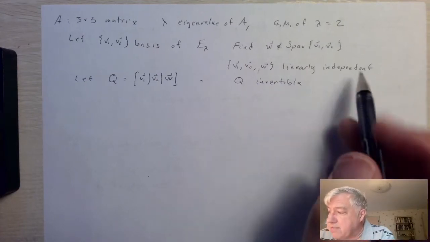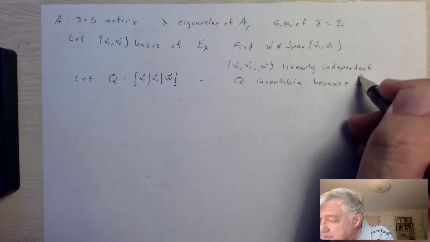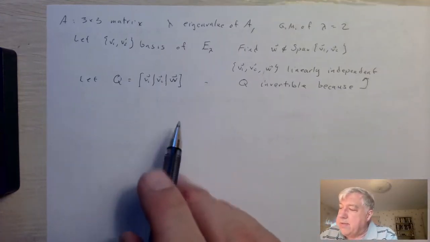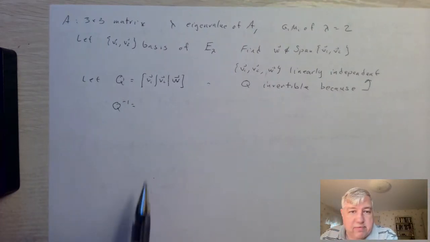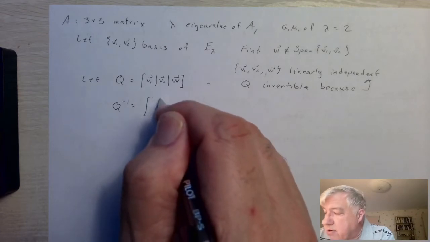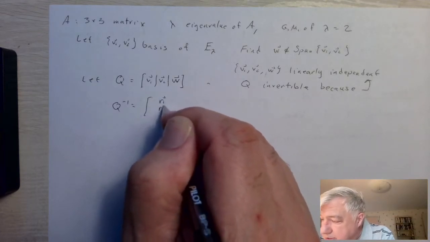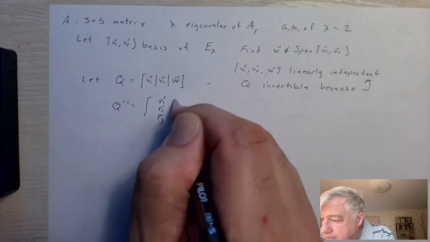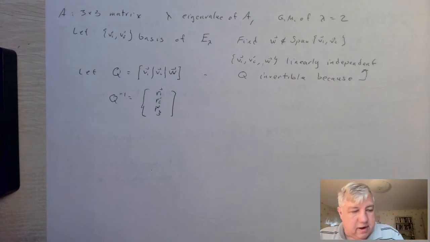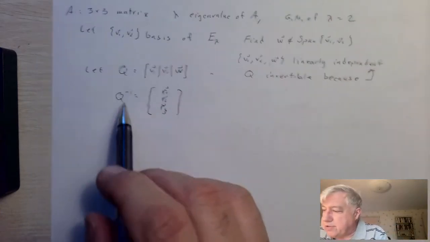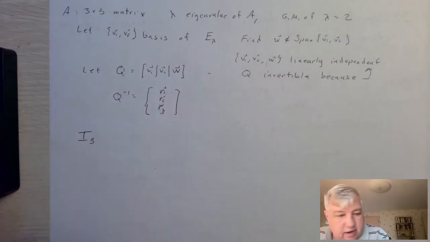And so Q inverse, we're just going to give Q inverse by its rows. Let's say the rows of Q inverse are R1, R2, and R3. Now, because these are inverses of each other, their product will be the identity matrix I3.